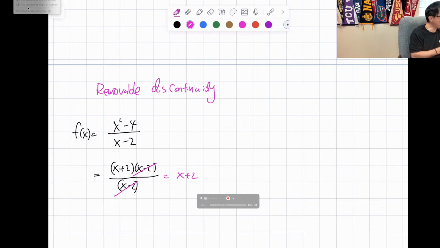Something happens right before, because if you ask for the domain here, the domain is going to be negative infinity to 2 and then 2 to infinity. Because x cannot equal 2.